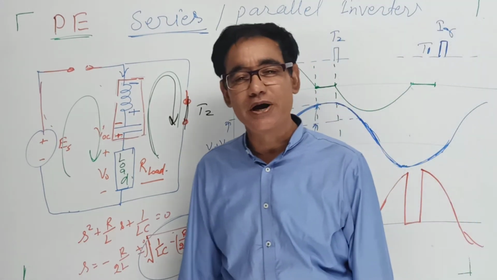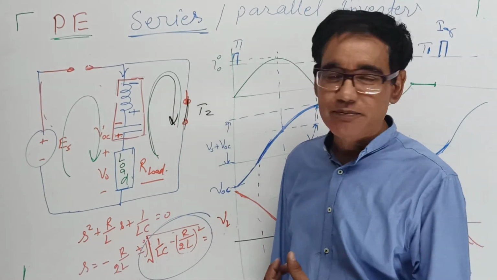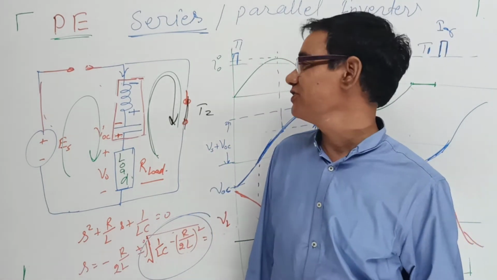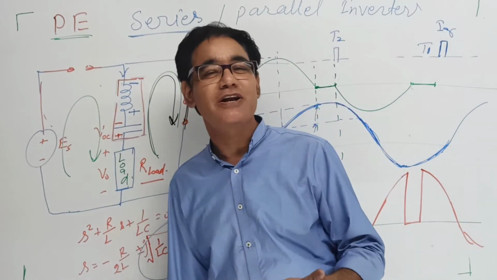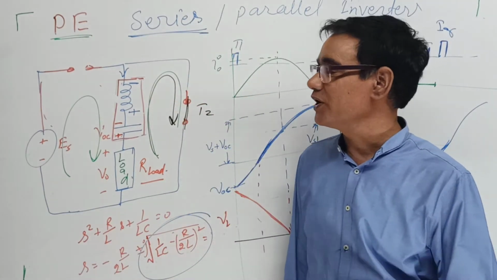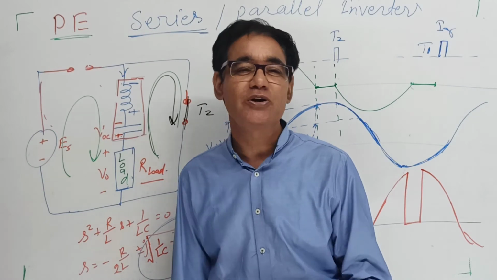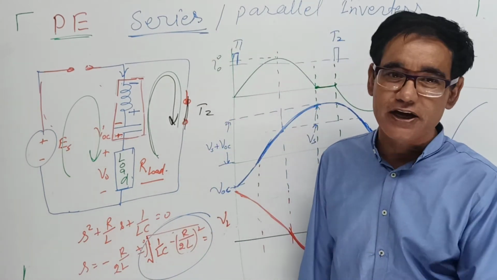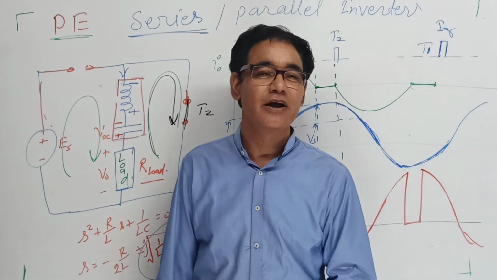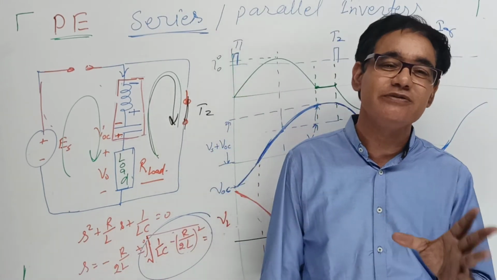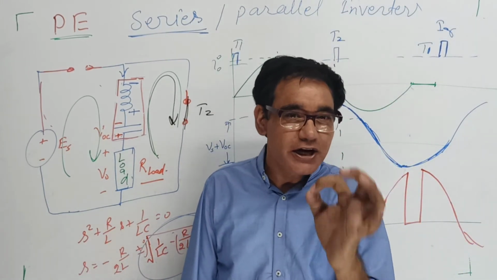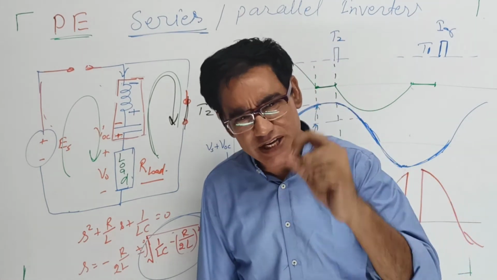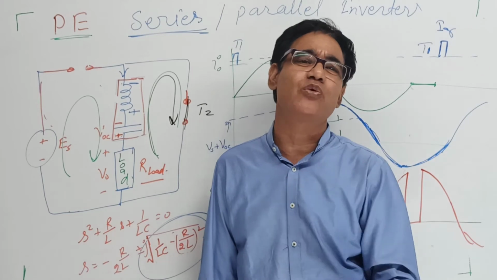So it's not good, but even so it can be used for high frequency, low power applications. It does not produce a symmetrical output, it produces harmonics. It requires heavy commutating elements, because the load current flows through them. The commutating elements are in series with the load, so the load current flows through the commutating element, which means very heavy commutating elements are required.